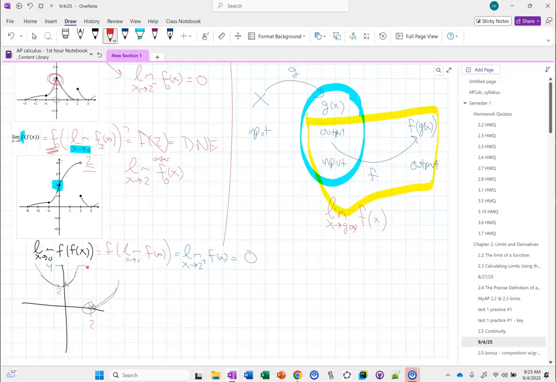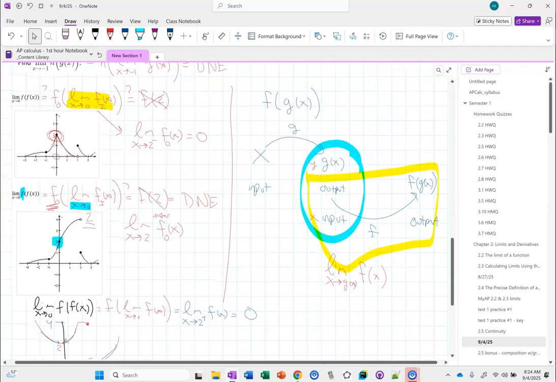I guess what I'm saying is why we don't switch. You say x the whole time, even though after you switch to the outer, you still say that's x. Yes, but remember this is a y as it outputs from g, but then it becomes an x when you put it into f.